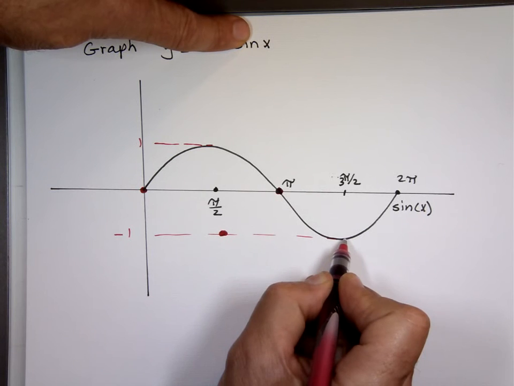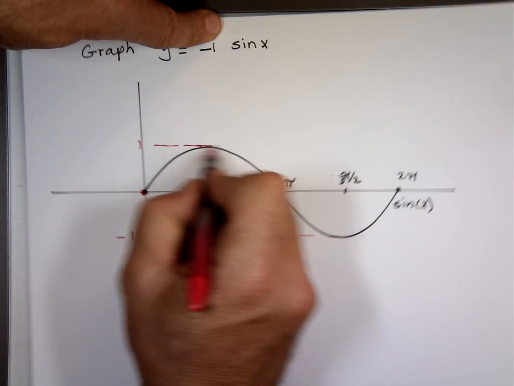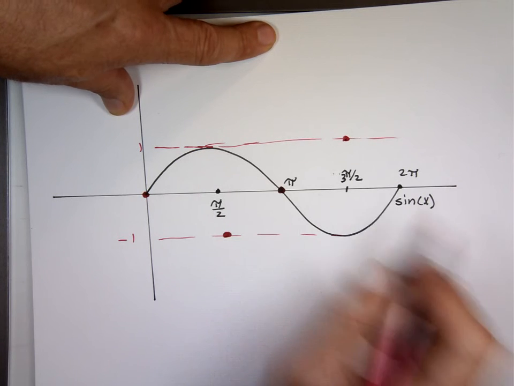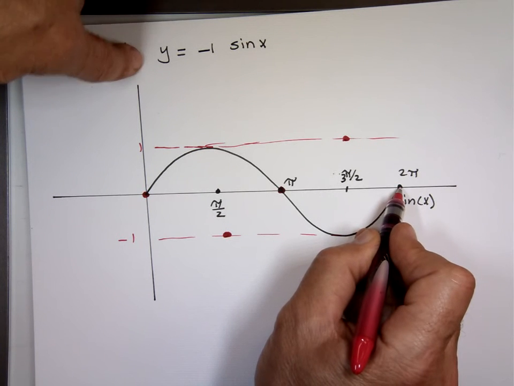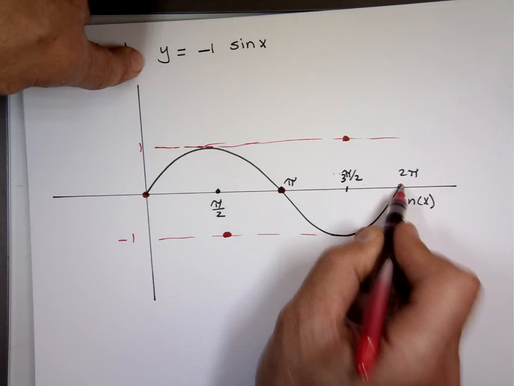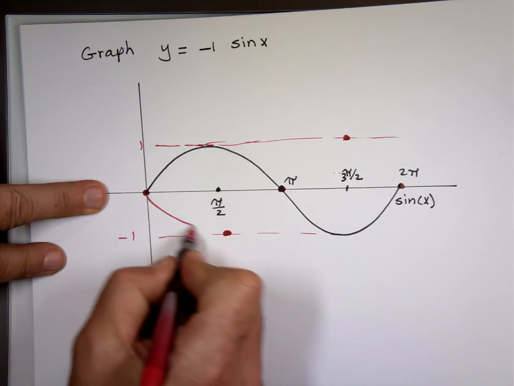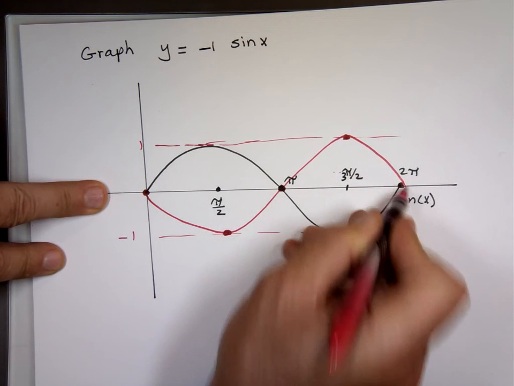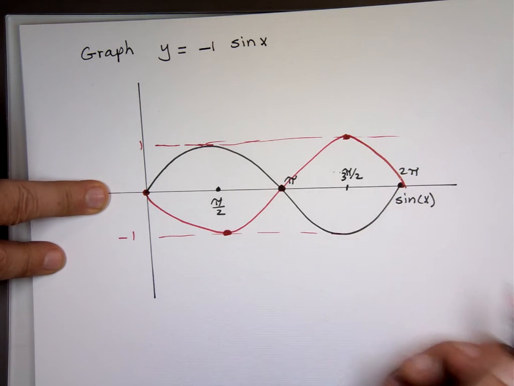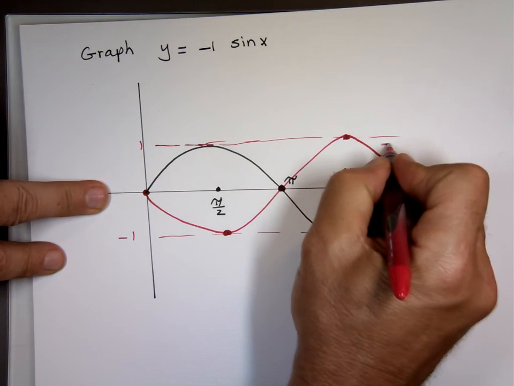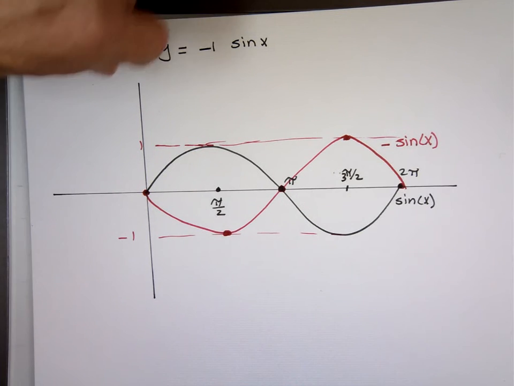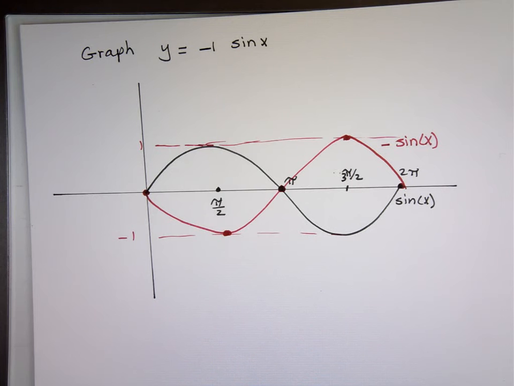What's negative 1 times 1? Here is 0 times a negative 1, 0. So the minus sign flips the graph. That's called reflection. This is negative sine of x. The positive becomes negative, the negative becomes positive. That's all it does.